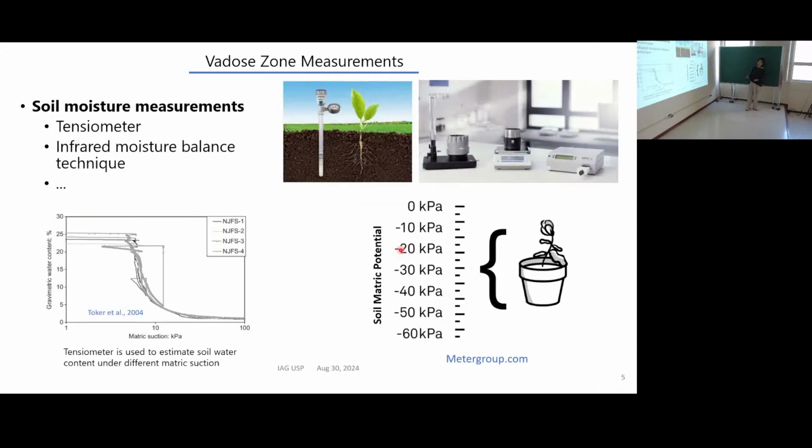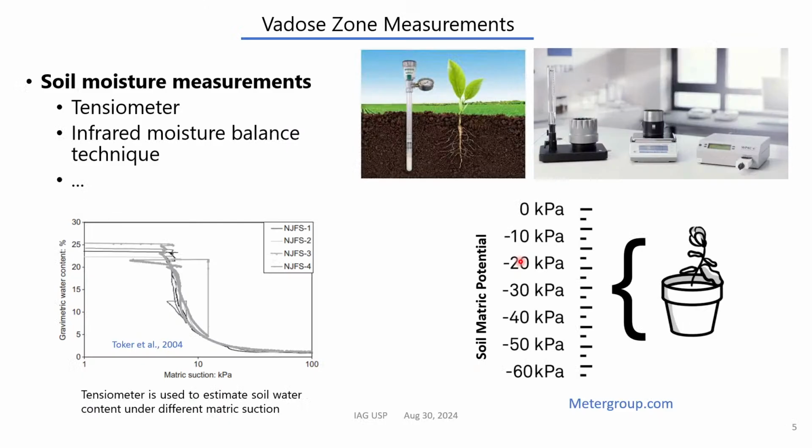But then let's come back to the soil moisture. We know that soil moisture can be measured in many different ways, in the lab or in the field. For example, in the lab you use a very detailed balance and the gravimetric method to look at the water content change. You can also use a tensiometer or a TDR, and the tensiometer and TDR can also be applied directly in the field.